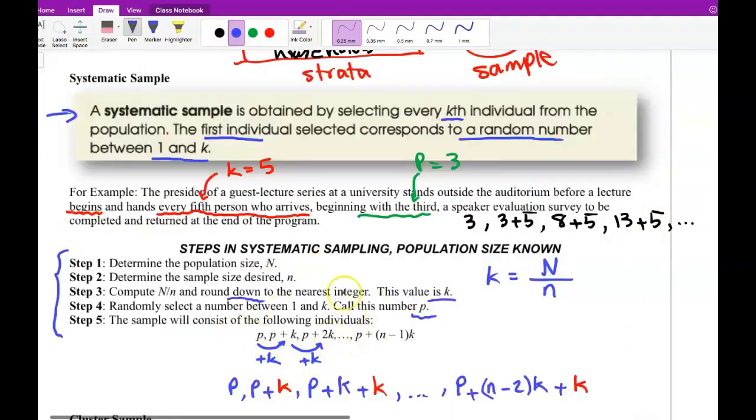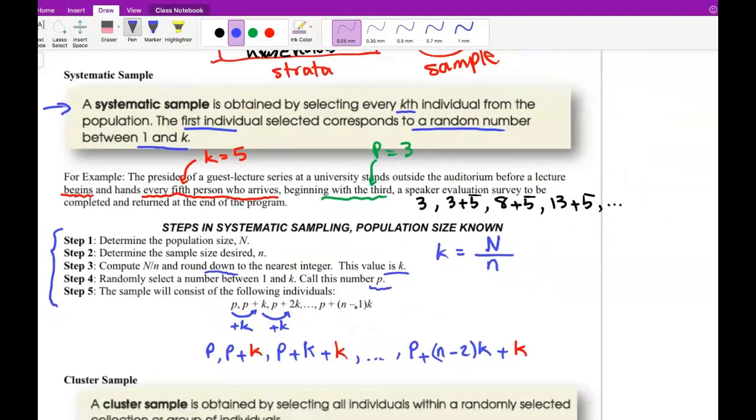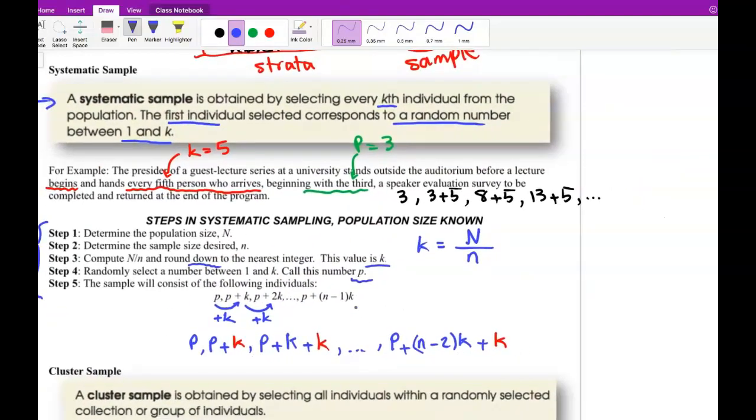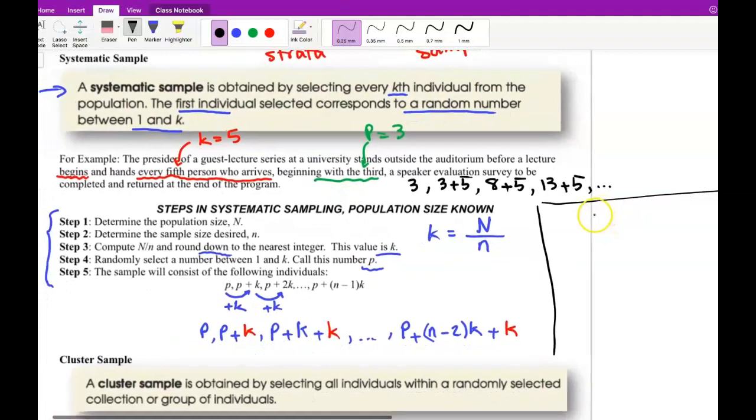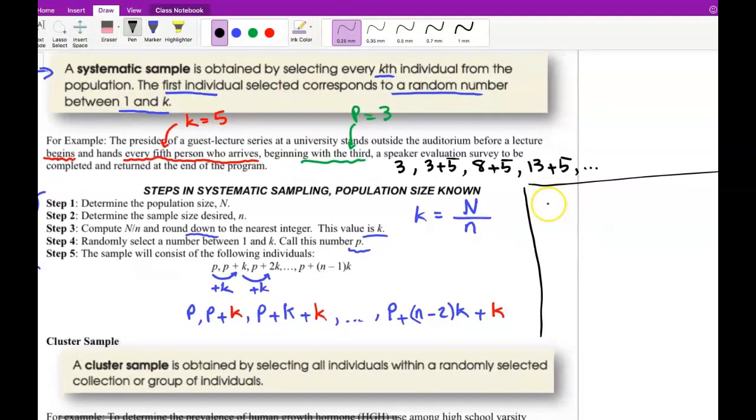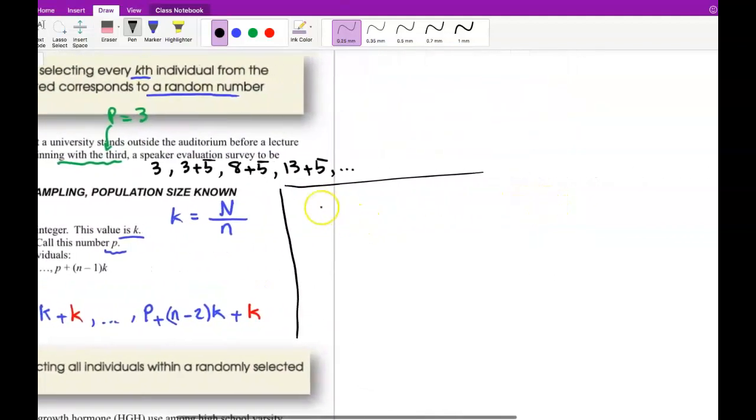Okay, I want to have another example for this part. Let's have another one here. Okay, for example, our population is, we have these numbers.